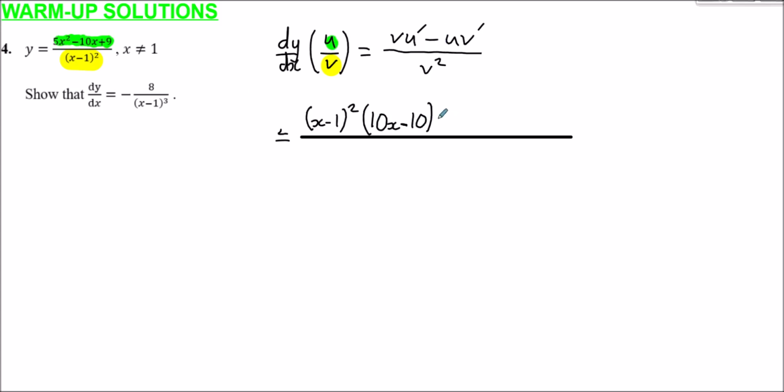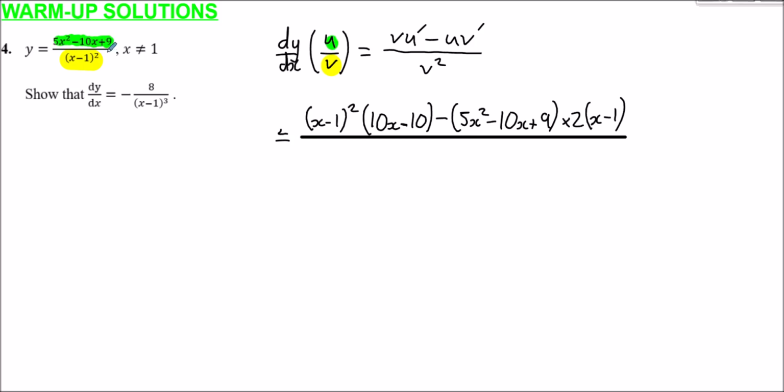I'm going to subtract away the top function u, which is 5x squared minus 10x plus 9, multiplied by the derivative of x minus 1 squared. You can either expand it out if you want to, I'm not recommending that, or use the chain rule, or just see that this would differentiate to 2 lots of x minus 1. And all of that is going to be over v squared.